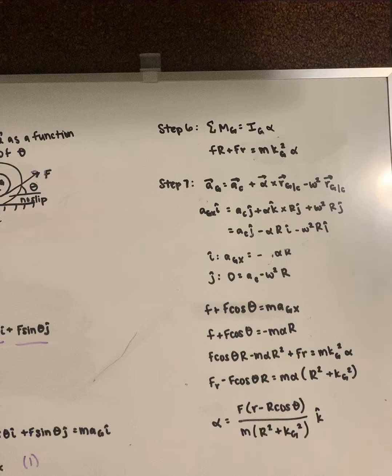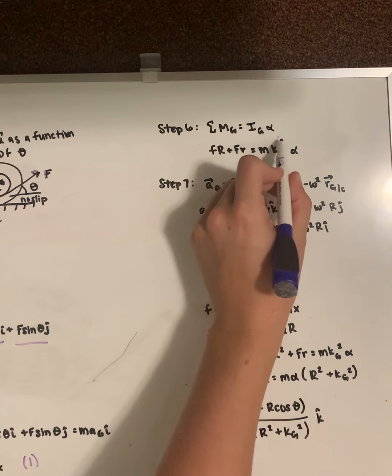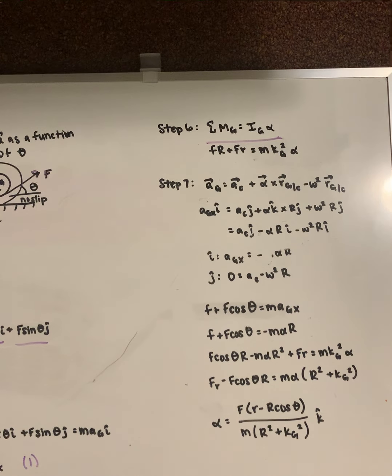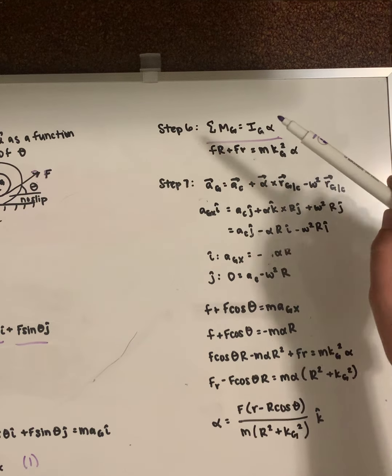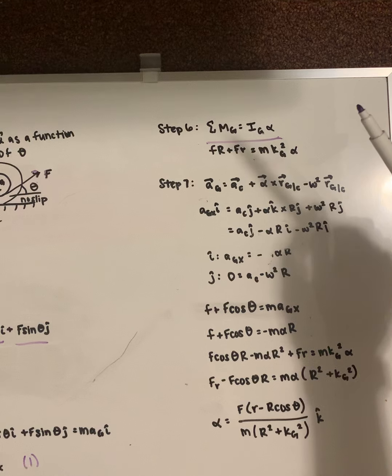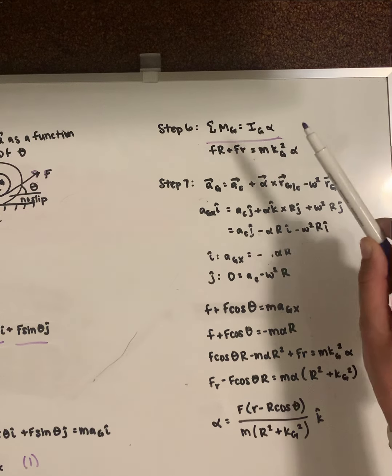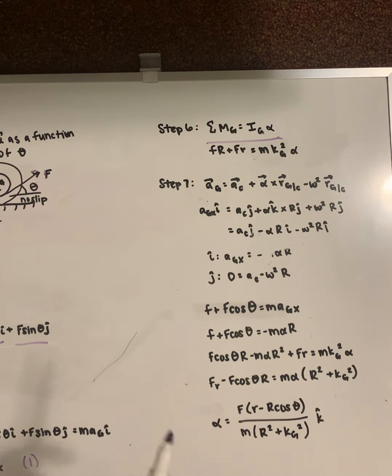After that, we need to apply Euler's equation, which is stated there. At the center of gravity, we can simplify Euler's equation to the sum of moments equals the moment of inertia at the center of gravity times the angular acceleration.